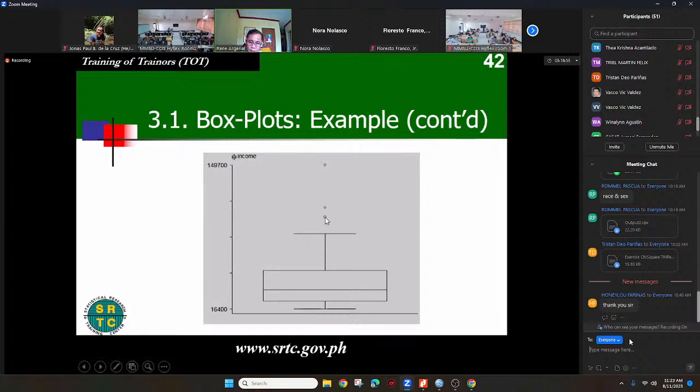In the box plot, outliers are represented by a circle. There are three outliers, and this is an example of a box plot presented vertically. The usual is to present it horizontally. This is the minimum, 16,400, meaning that is the lowest income. And this is the maximum, which does not include outliers, so 149,700.